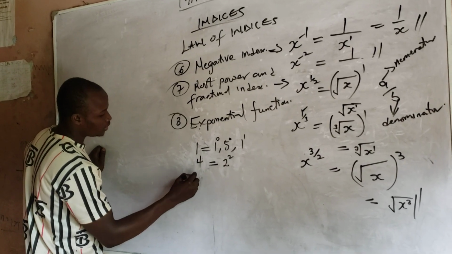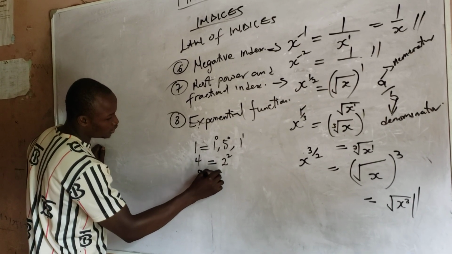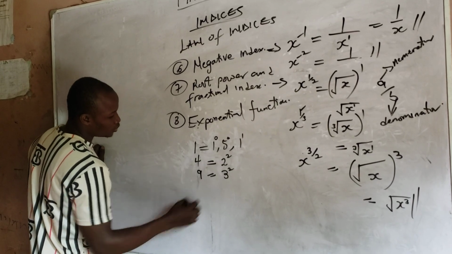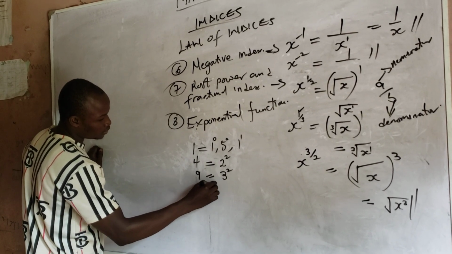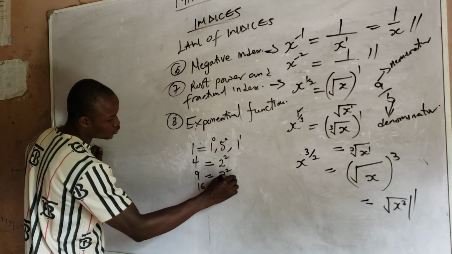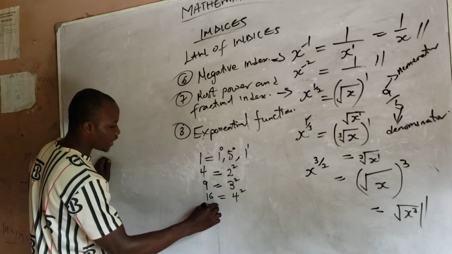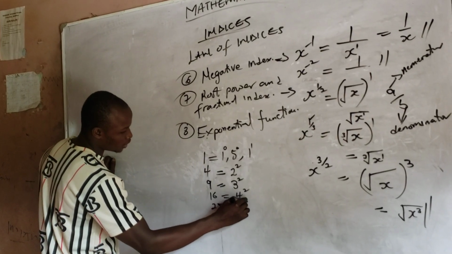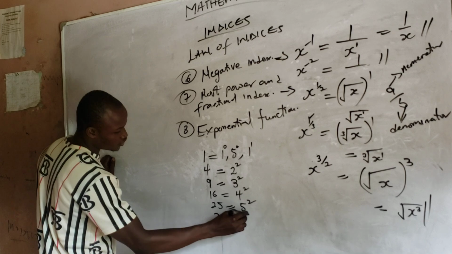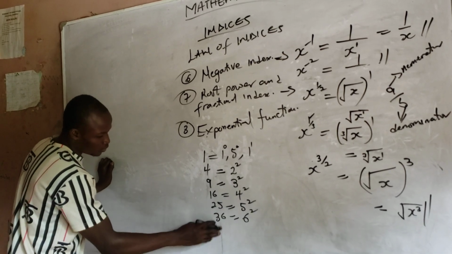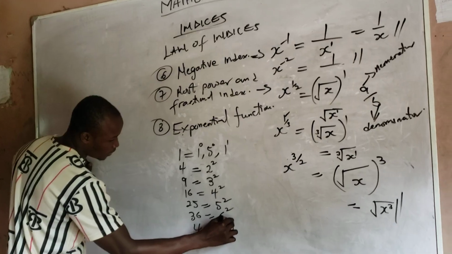The index form of 9 is 3 raised to the power 2. The index form of 16 is 4 raised to the power 2. The index form of 25 is 5 raised to the power 2. The index form of 36 is 6 raised to the power 2. The index form of 49 is 7 raised to the power 2.